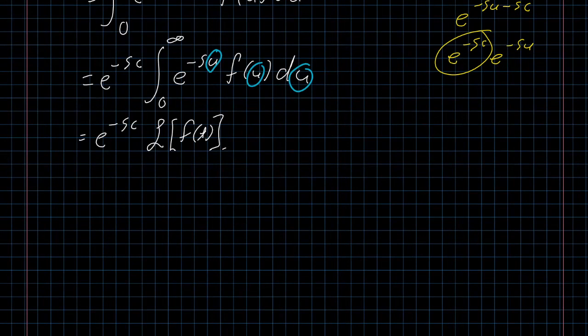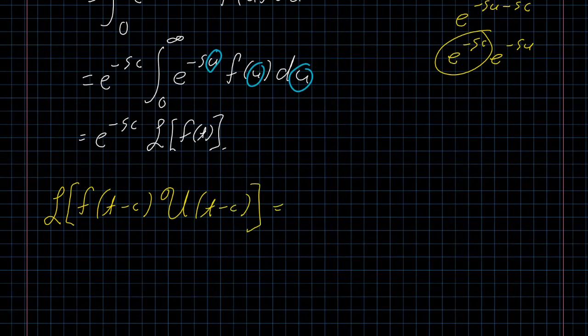All right, let me write this whole thing all in one line. The Laplace transform of f of t minus c times the Heaviside function u of t minus c is equal to e to the minus sc times the Laplace transform of f of t.